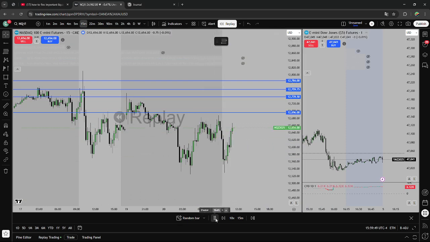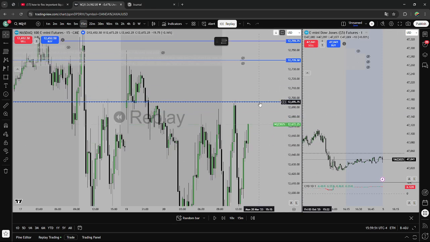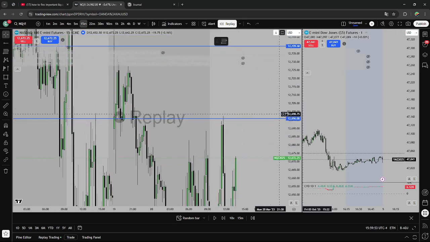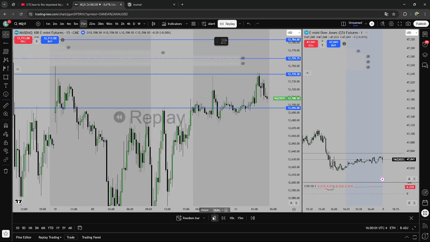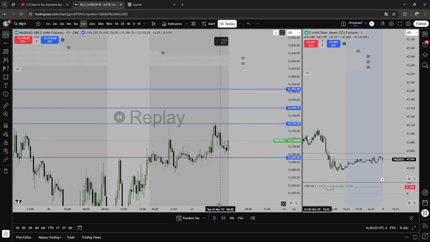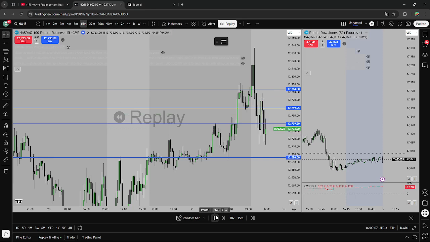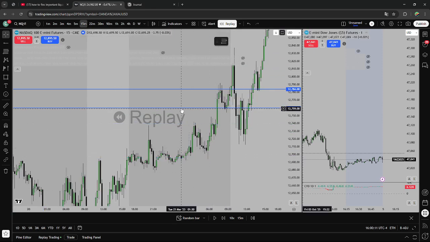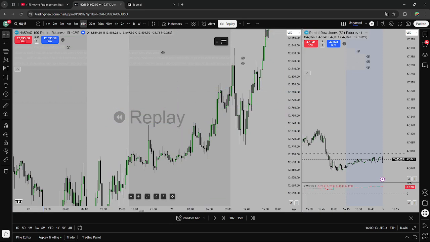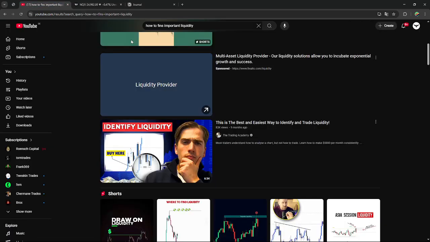Could be a thing to study as well. That's almost scary, right? But that's the idea of the whole thing, basically. Use volume profile and the liquidity above or underneath them.